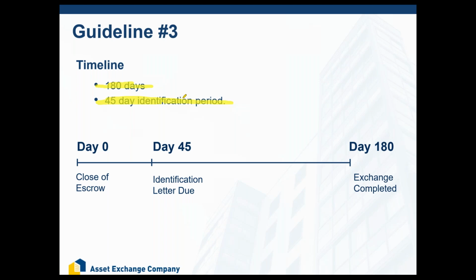Now, we may not. The IRS is likely to provide extensions because we've got shelter in place, right? People aren't going out looking at properties. So it makes sense for the government to extend these time frames because of this ridiculous coronavirus situation we're in. But if they don't, you still need to adhere to the regular time frames. And as soon as we hear from the IRS on an extension, we will let you know.